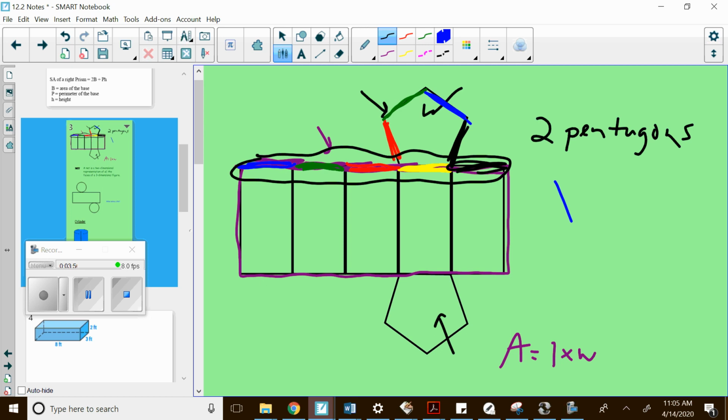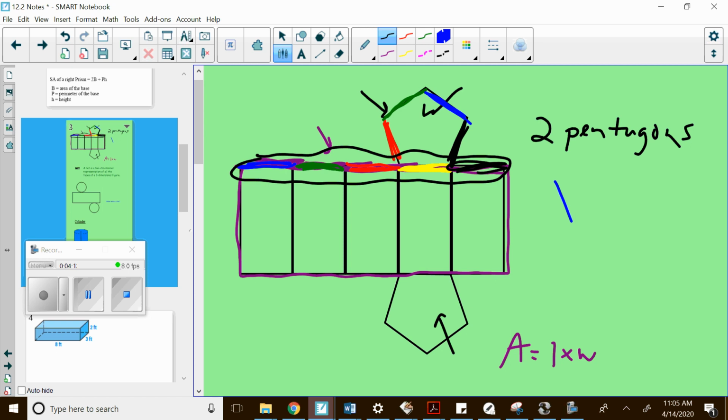So this big purple rectangle, one of the units of measurement here that make up this rectangle, the length of it or the base of it, is going to be the perimeter of our pentagon, the perimeter of the base of our prism.